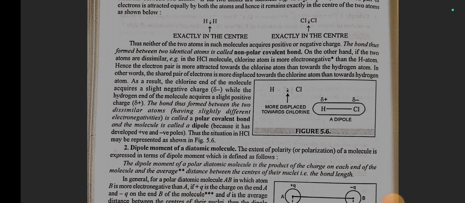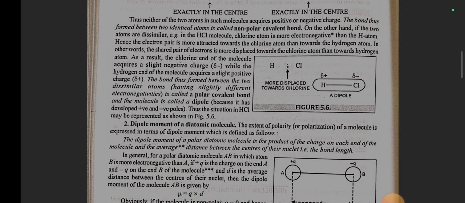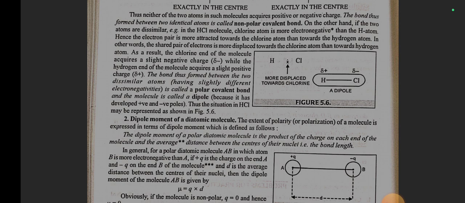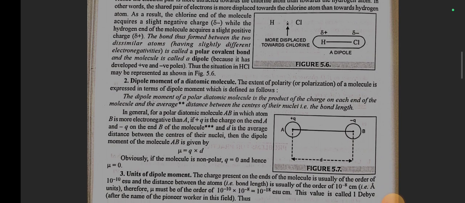As a result, the chlorine end of the molecule acquires a slight negative charge while the hydrogen end of the molecule acquires a slight positive charge. The bond thus formed between the two dissimilar atoms having slightly different electronegativities is called a polar covalent bond, and the molecule is called a dipole because it has developed positive and negative poles. Thus, the situation in HCl may be represented as shown in the figure.